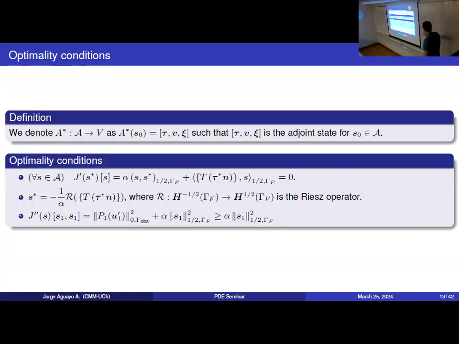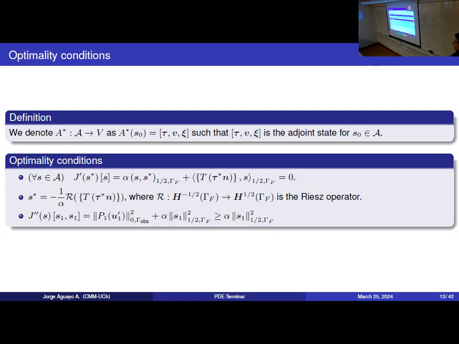In particular, the optimality condition is that this expression must be equal to 0 for every S, and the optimal control is given by this term, and this term is very special because we have the Riesz operator from H minus half to H half, and the second derivative is very practical because the result gives us that we have a classic convex function that we need.